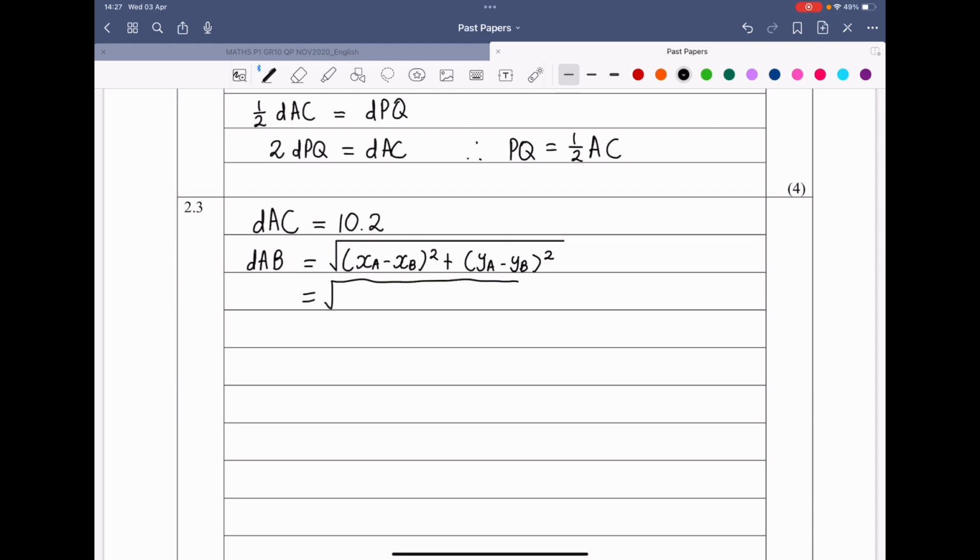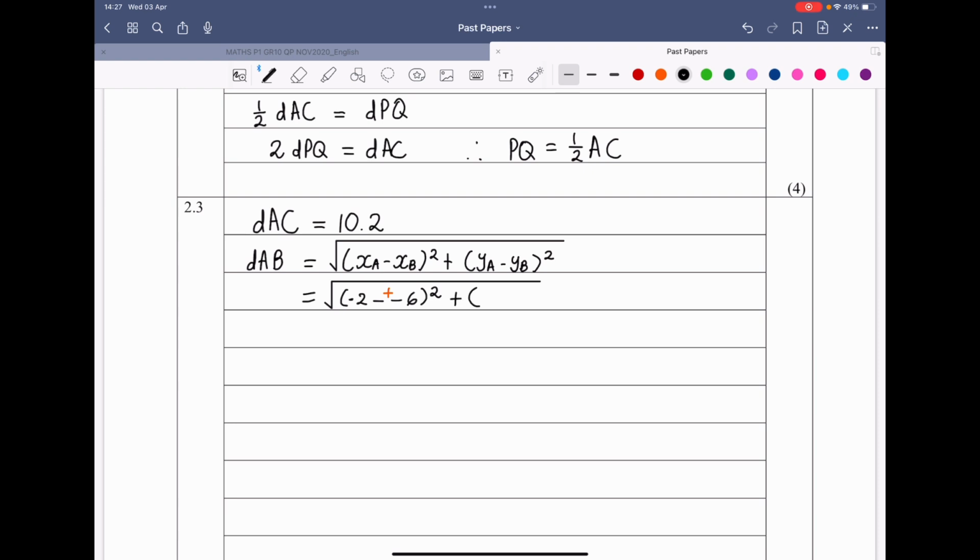So x of A was minus 2 and x of B is minus 6. So I'm going to have minus 2 minus, and then the B is negative 6. So I've got two minuses here. That's going to become a plus. And all of that squared.